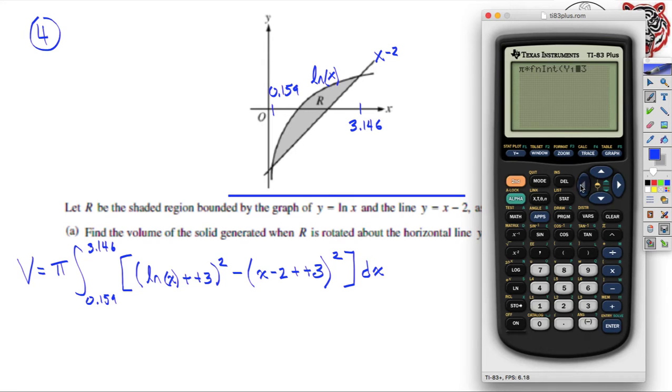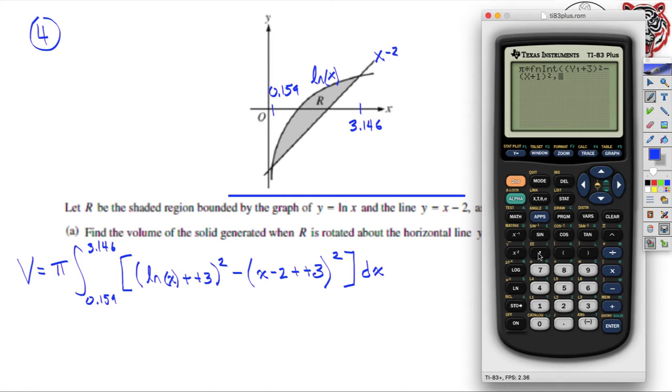Oh, I forgot my parenthesis. If you need to enter it again, it's second insert parenthesis. So end the parenthesis around there. We're going to square that. And we're going to subtract, and I can just simplify this really quick and type it in my calculator instead of doing y2. I could just say this is going to be x plus 1, x plus 1 quantity squared. So that's my entire function.